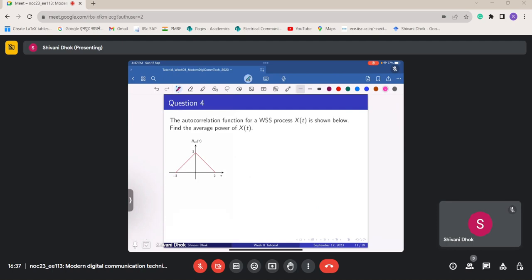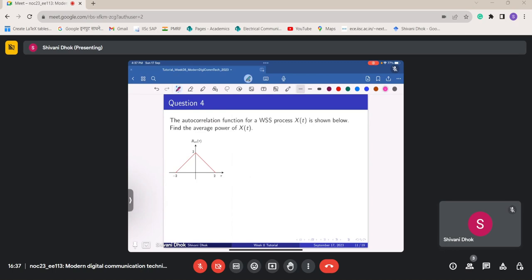So what does it say? It says that the autocorrelation function of a WSS process xt is as shown below. So this is the autocorrelation function of this WSS process xt, and we need to find the average power of xt.